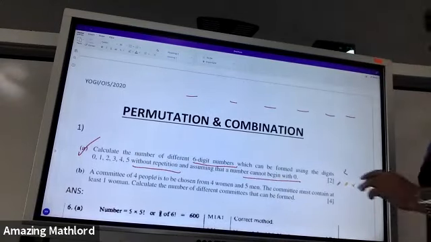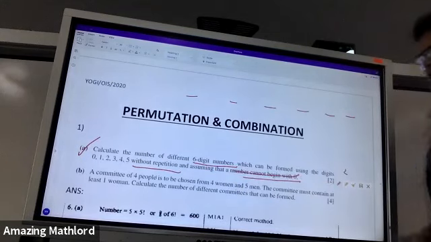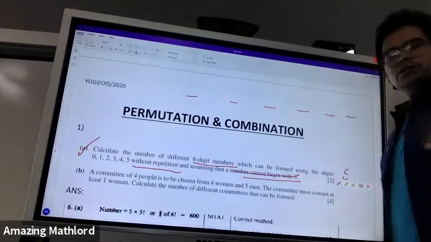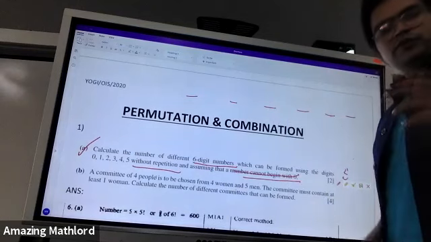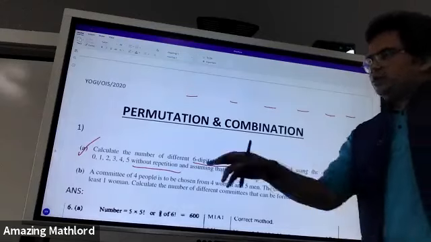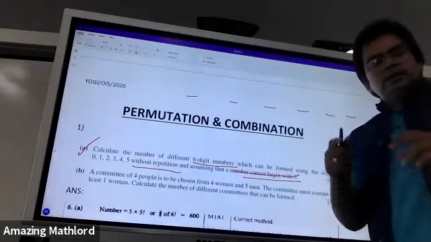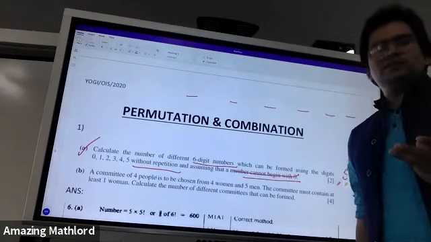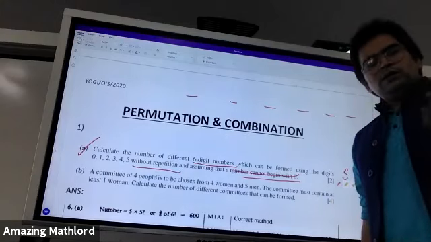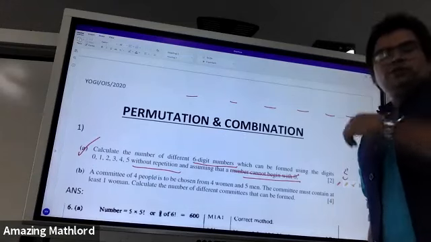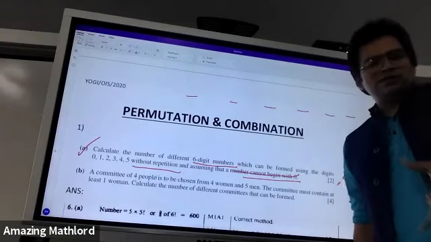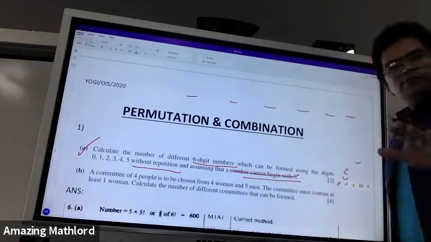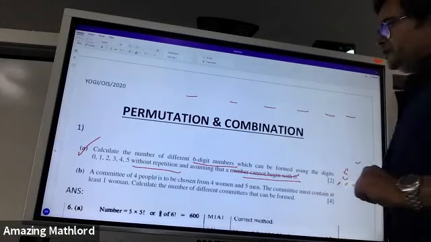Sometimes you will not be given this in the question, and that is a logical way to test whether you have understood the difference between 6-digit and 5-digit numbers. Because once you begin a number with 0, it will not count the first digit. So 0, 1, 2, 3 is actually a 3-digit number, not 4. But if it is 1, 2, 3, 0, then it becomes a 4-digit number. So starting with 0 is always going to be a problem if you count the first digit to be significant.